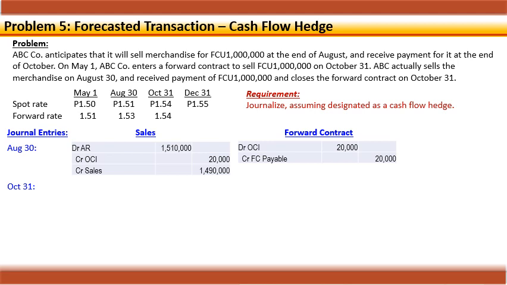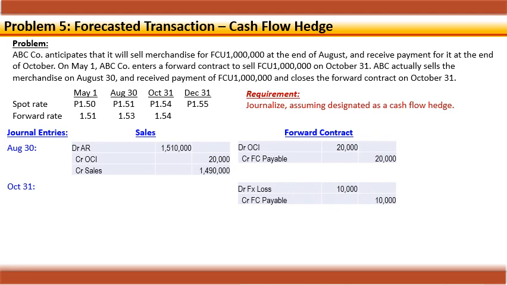And then, pagdating mo ng October 31, di ba tapos na yung sale mo? Deemed ineffective na yung forecasted transaction mo. So, yung changes dun sa forward contract mo, dapat ma-recognize mo na siya through P&L.